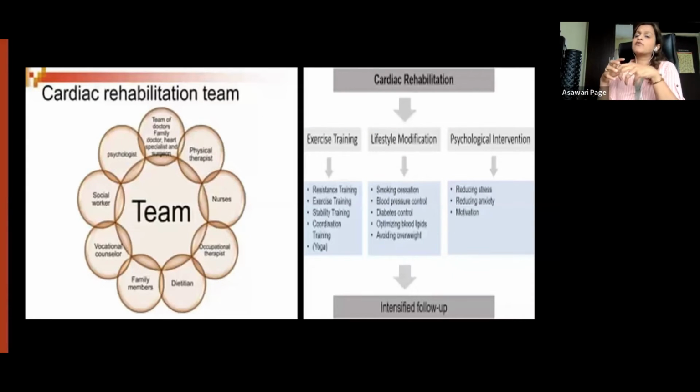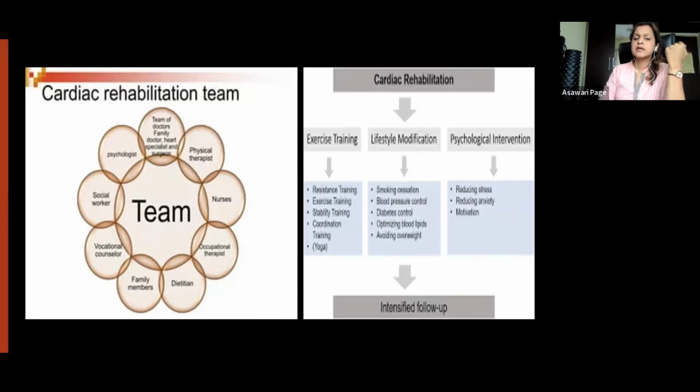As I was saying, we have to broaden our perspective and look at it as a team effort, where it is not just exercise training but lifestyle modification, and not just monitoring a patient from an exercise perspective, but being an active team member with all the other disciplinary teams.